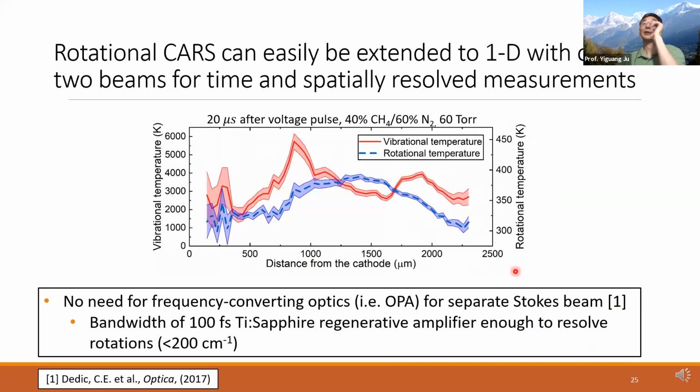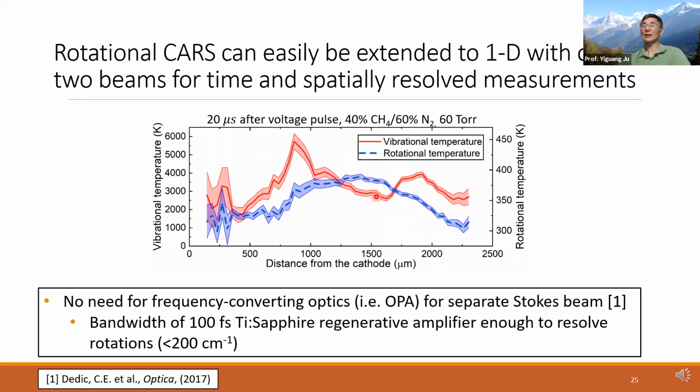Here I show you the result of the measured one-dimensional distribution of the vibrational temperature, which is the red one, and the rotational temperature, the blue one. You can see that near the electrode there's strong nonequilibrium between vibrational temperature and rotational temperature, and there's an energy transfer between the vibration and rotation.